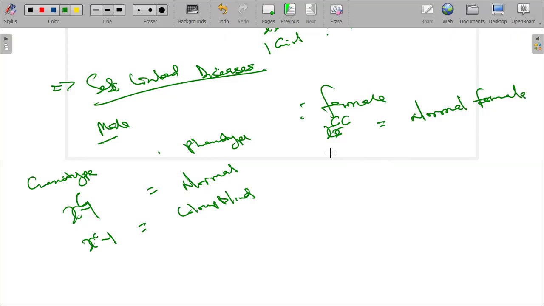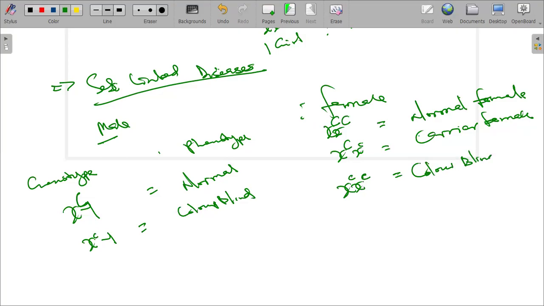And then we can have XXc. This will mean a carrier female. And then we have XX with small c all together. It means it's a colorblind female.